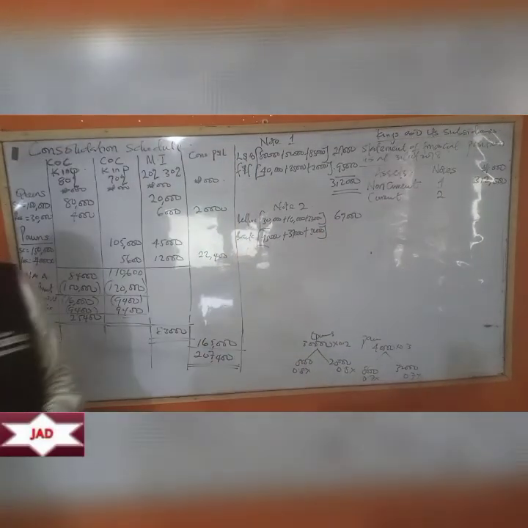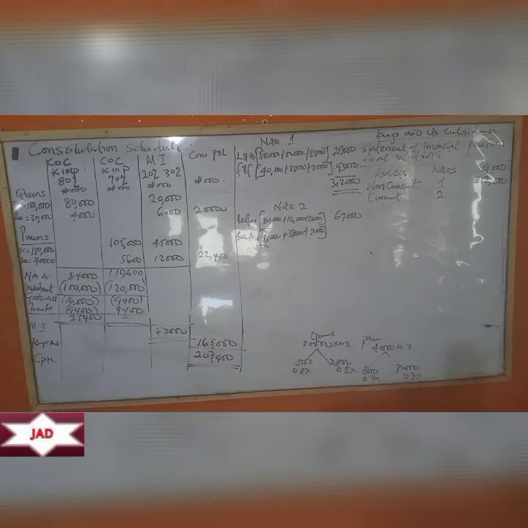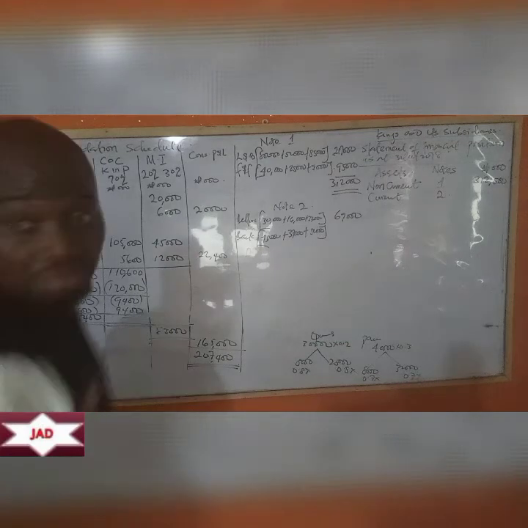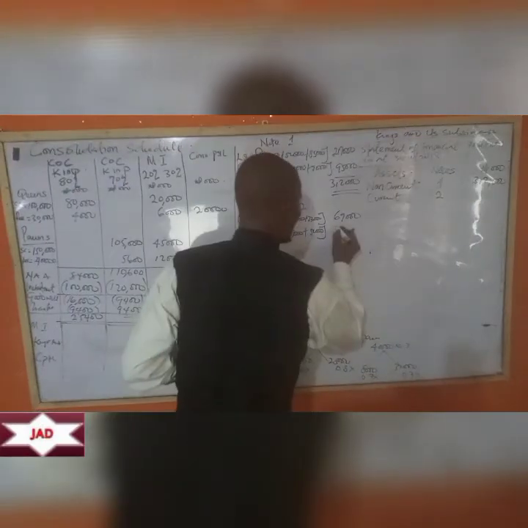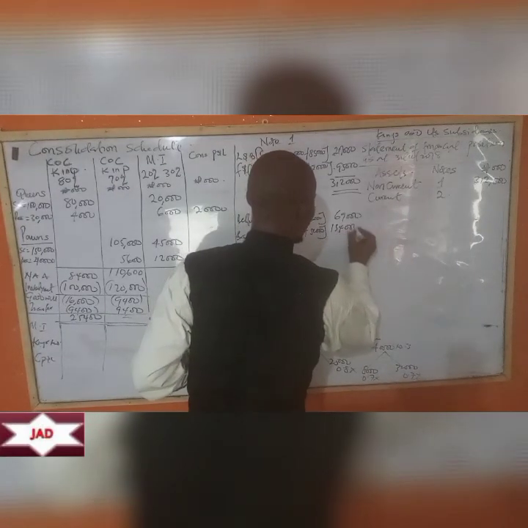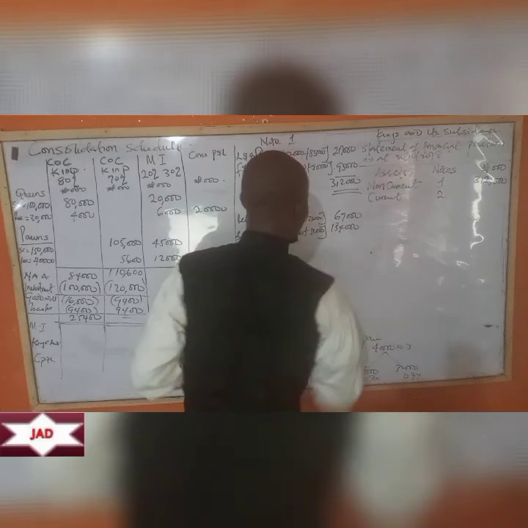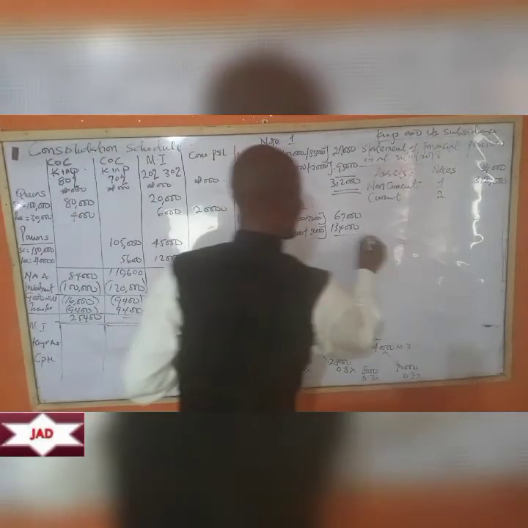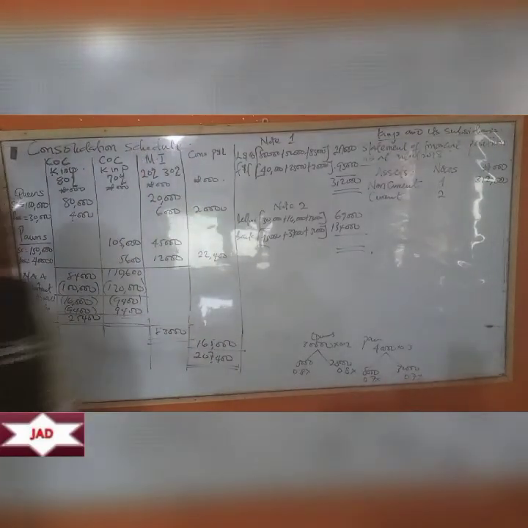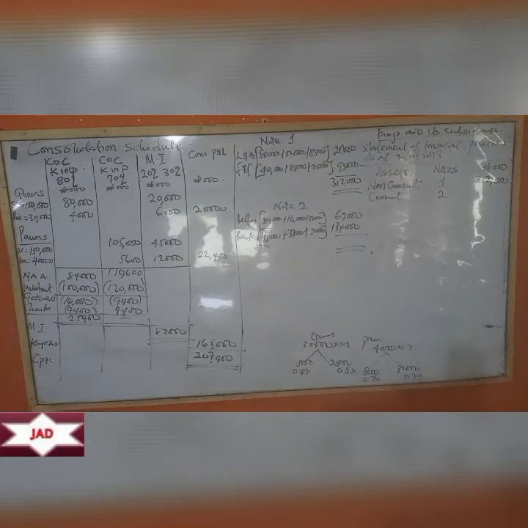So what do we have? 134. So let's add up 69,000 plus 134. 203,000.